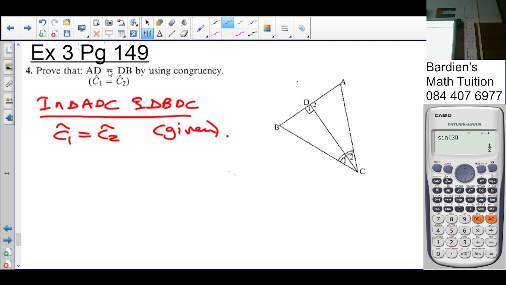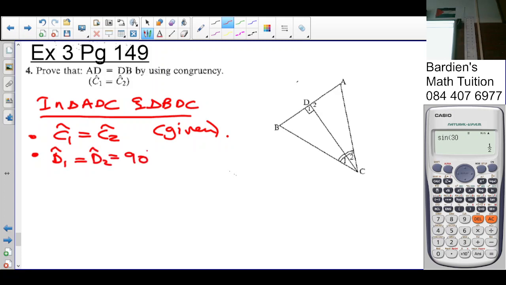Right, what's the next one? What can we say? B1? T1 is equal to? T2 equal to 90.